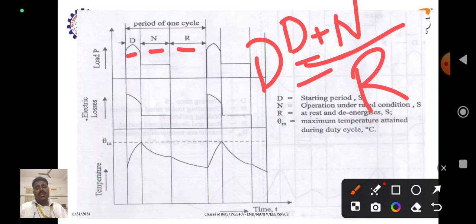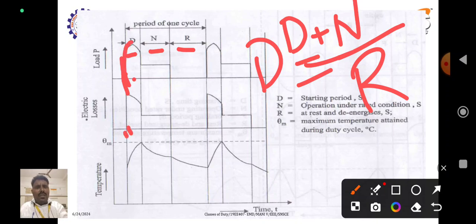So the duty cycle is the total duration of on time divided by the total duration of rest time. The rest is R, and the on time is starting as well as operating. During this starting, we can see the load as well as losses.